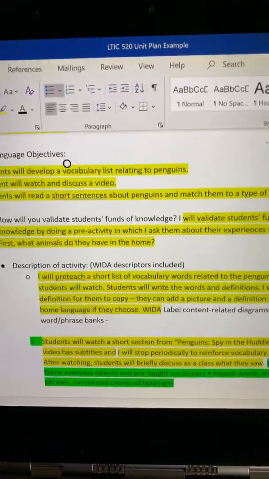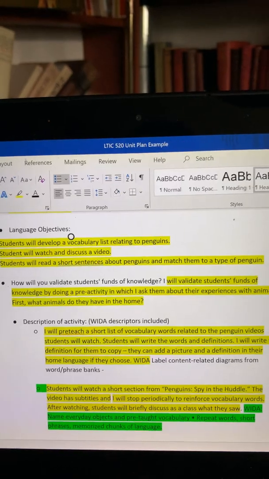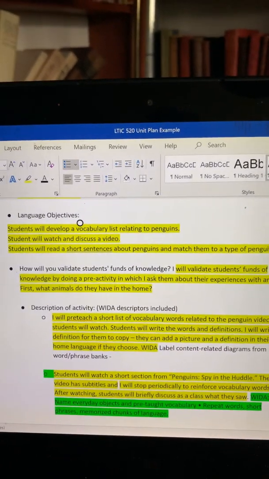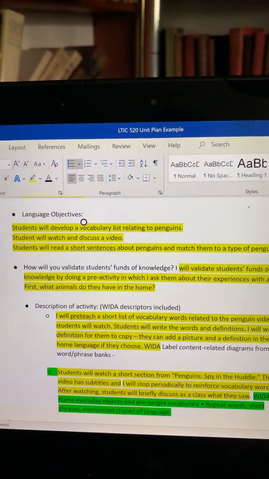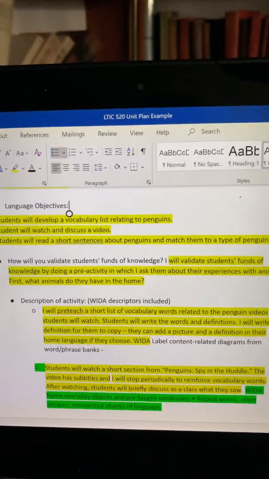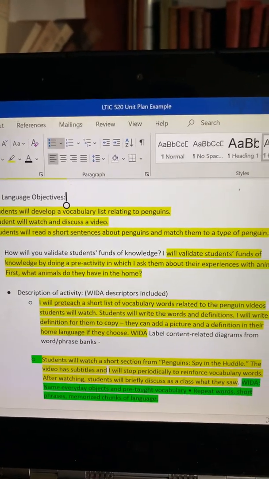Now, I also want to talk briefly about funds of knowledge. You can move things around a little bit in this template. And so for this lesson, I shifted the funds of knowledge question to the front because in the lesson, I do an activity where I try to validate students' funds of knowledge.